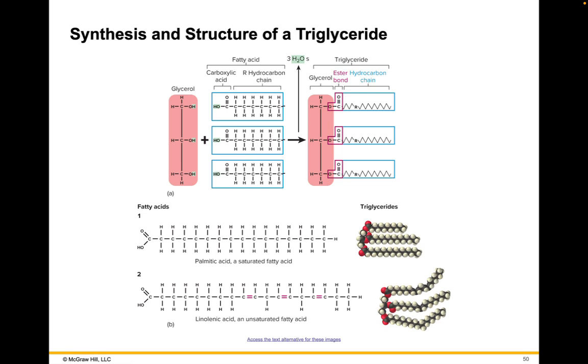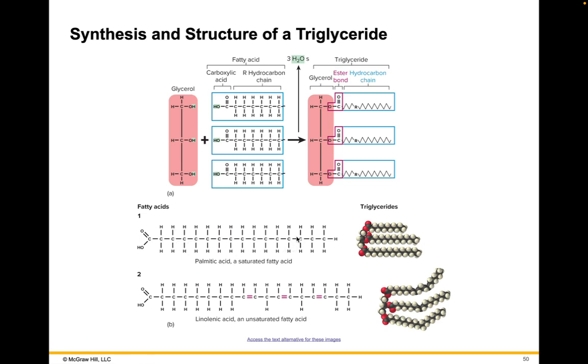Fatty acids can be classified as saturated or unsaturated, and I've got a way for you to remember these, so write this down. This is a test question. Saturated fats have straight chains. Look how straight this chain looks. Even this is pretty straight. Okay, so straight chained. Single bonds only.